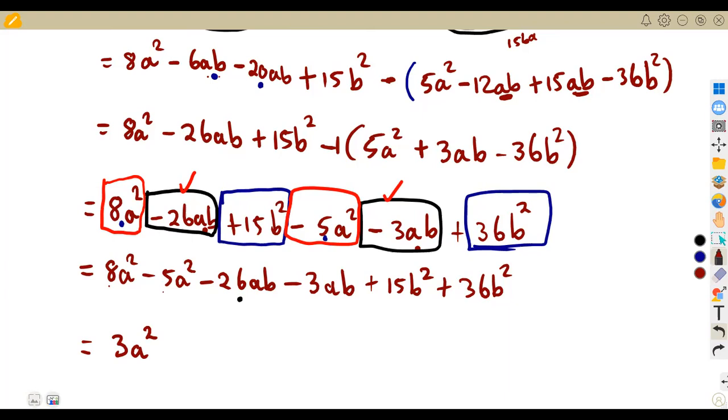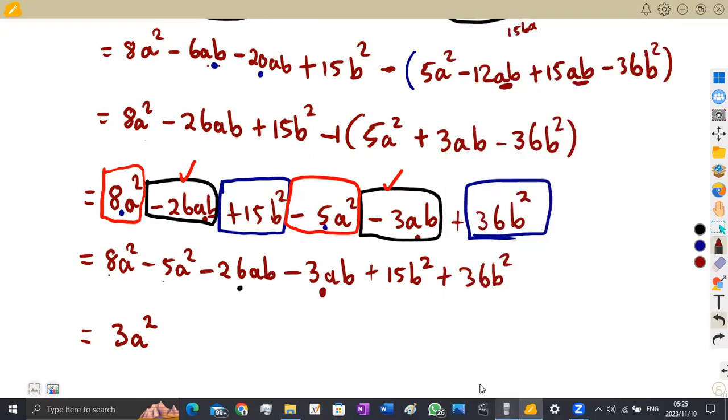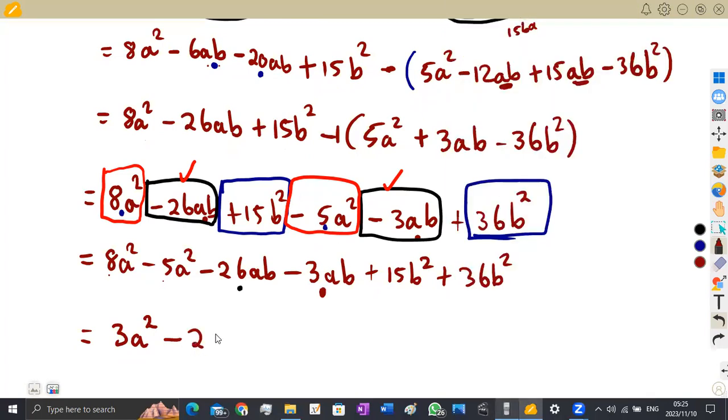Minus 26 minus 3 is negative 29. So that is going to be negative 29ab.